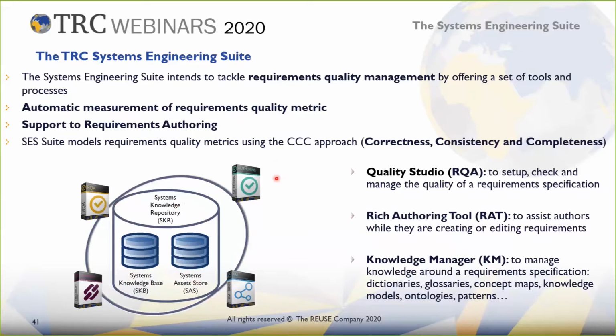So we have tools using this information, and we have the Quality Studio, HRQA, which is able to set up, check, and manage the quality of the requirements. We will see in the demo how it works. We also have the RAT, Rich Authoring Tool, which helps the author to create the requirements.